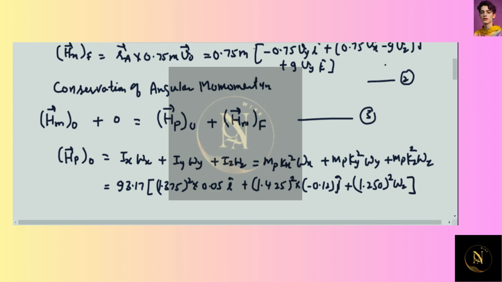Solving this equation, you get the final angular momentum of the probe about O: 8.8075 i cap, 22.703 j cap plus 145.58 omega z k cap.